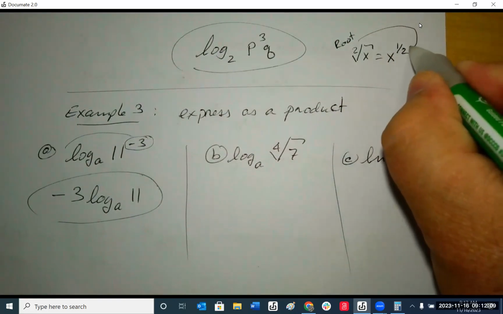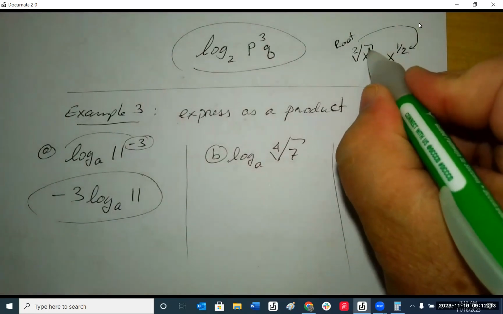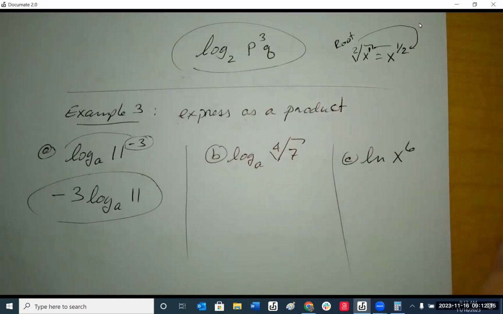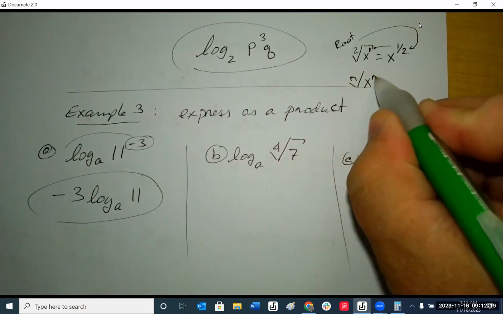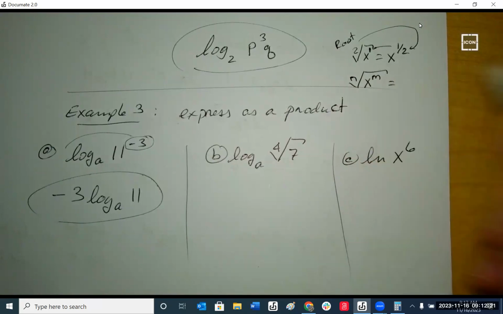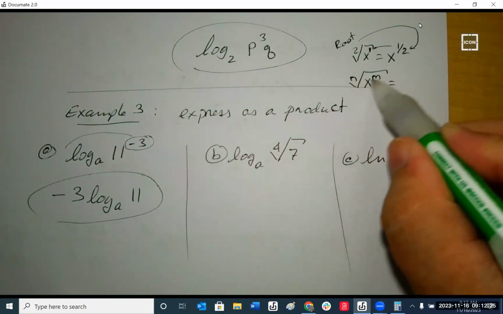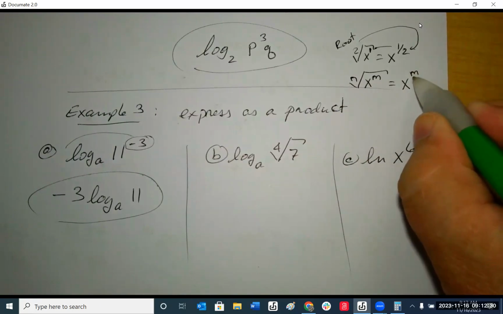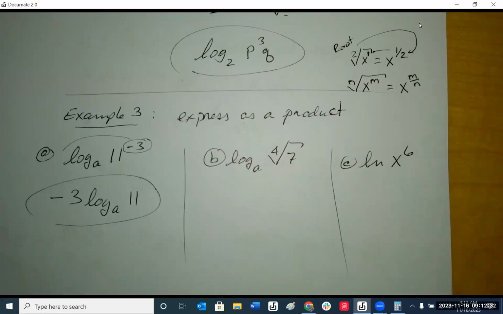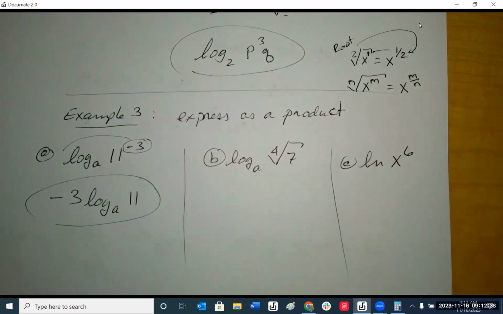That always goes on the bottom. And whatever exponent is on x goes on top. So the actual rule looks like this. If you have an nth root of x to whatever power, the root goes on the bottom, and whatever exponent is inside there goes on top.